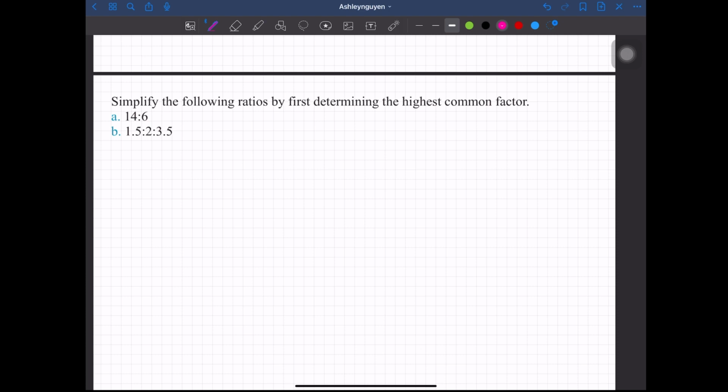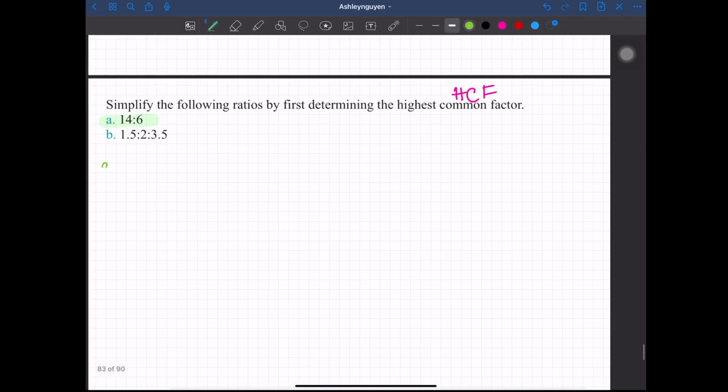Firstly, simplify the following ratio by first determining the highest common factor, HCF. A. 14 to 6. Consider the factors of each quantity, and you can see that both 14 and 6 can be divided by 2.